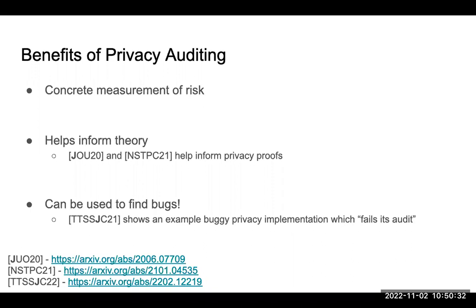But actually, let me step one slide ahead and describe how this setup works for the kinds of attacks that we did to find bugs and help inform privacy proofs. So you don't attack a particular model, you attack an algorithm. That's right. You attack an algorithm. It's a technical detail, but it's pretty important. For example, differential privacy doesn't apply to a model. Differential privacy applies to the algorithm.